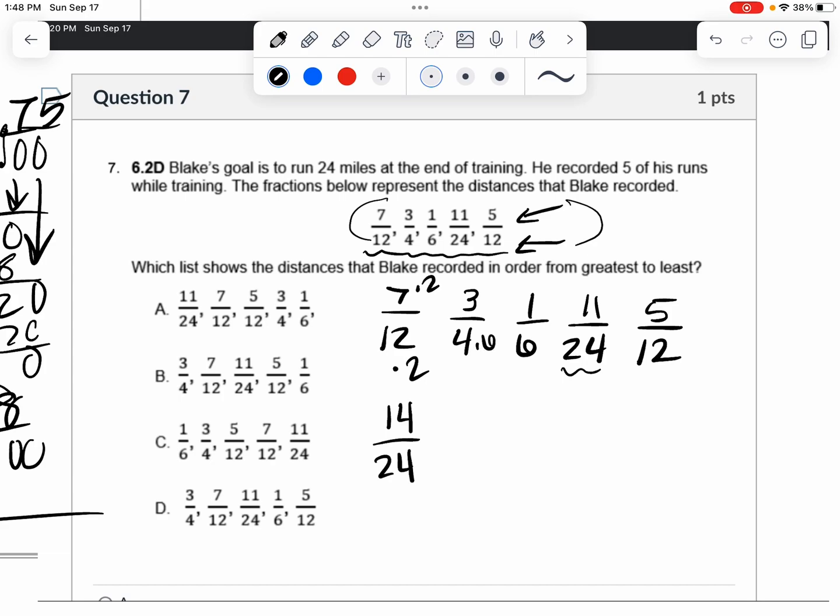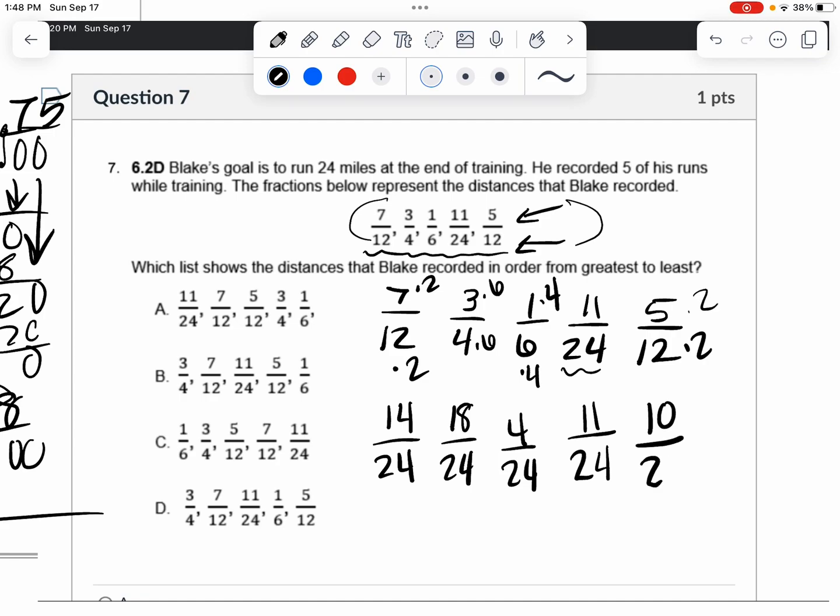This is times 6, so I get 18 24ths, times 4, times 4. So I get 4 24ths. Then I'm going to leave 11 24ths alone. And this is going to be times 2, times 2, 10 24ths.